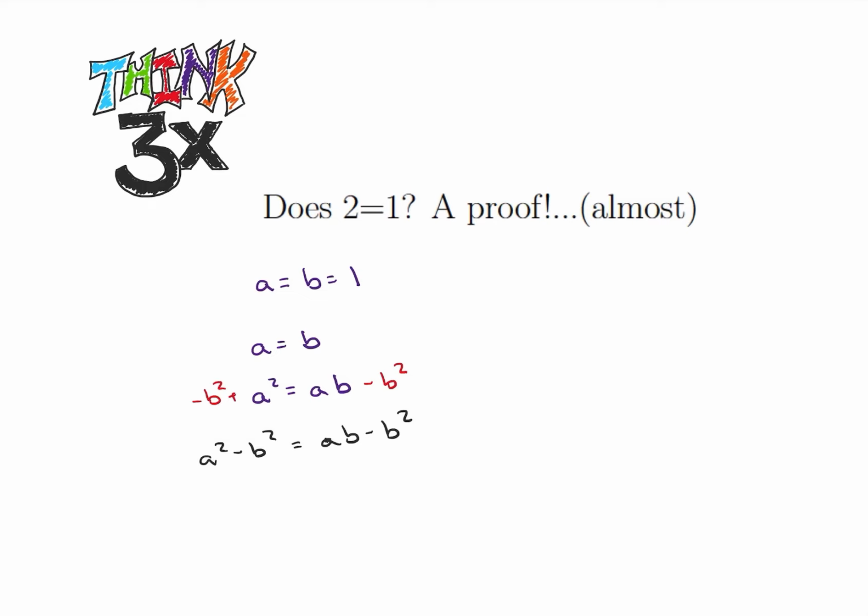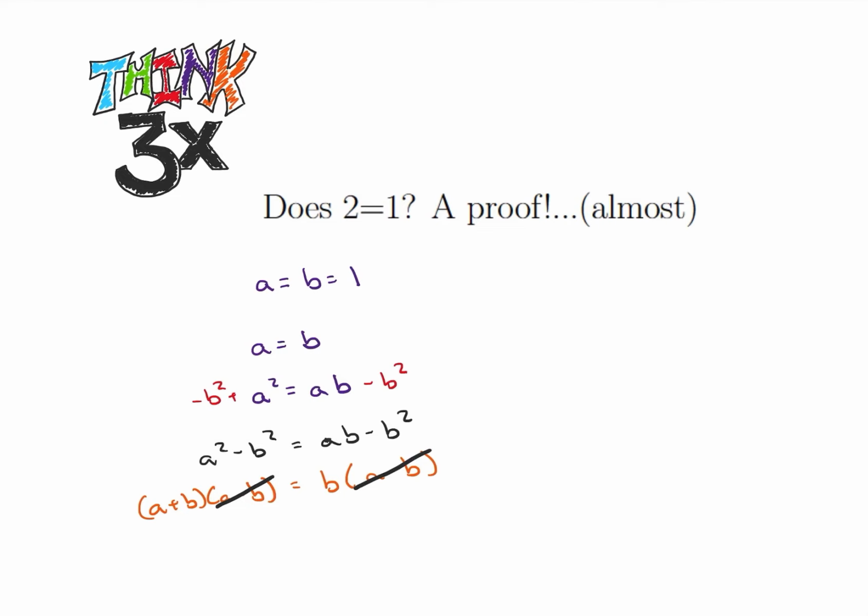We can factor these. Remember, if I have the difference of two squares, that's equal to a plus b times a minus b. And that's going to be equal to, if I factor out a b on the right, b times a minus b. And if I'm looking at these two, I have this a minus b on both sides that I can cancel out.